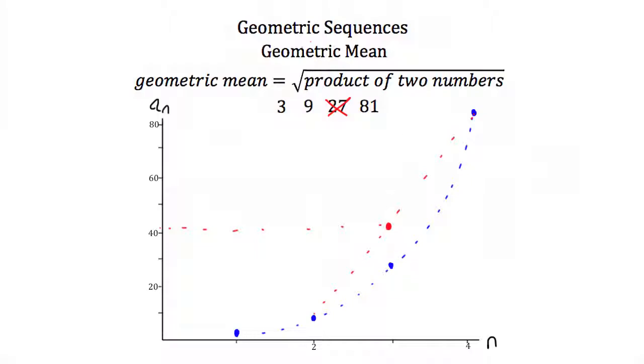But since this is a geometric sequence, that would be incorrect. So instead, to find our missing term on a geometric sequence, we use what's called a geometric mean.